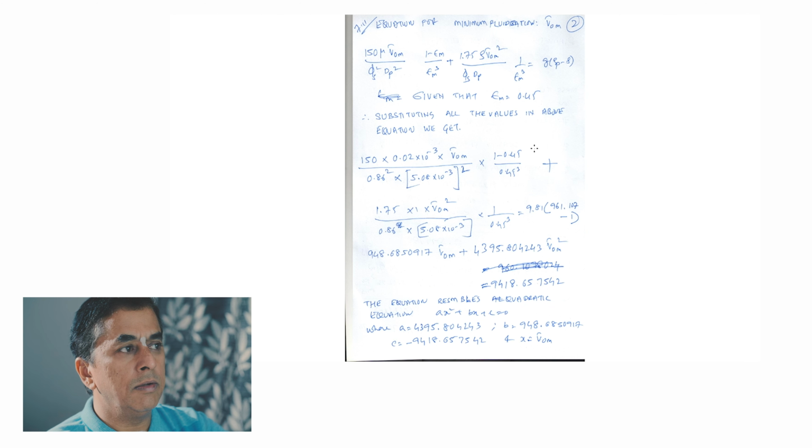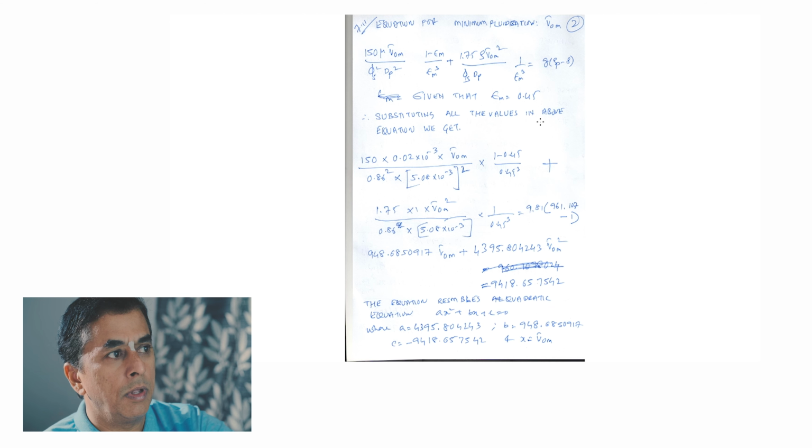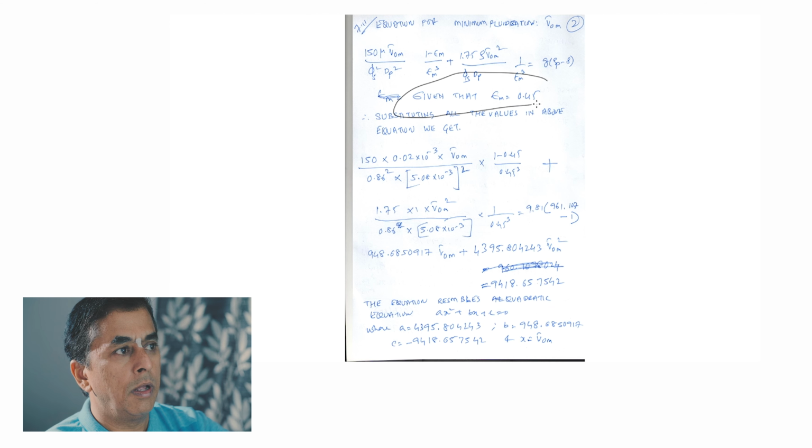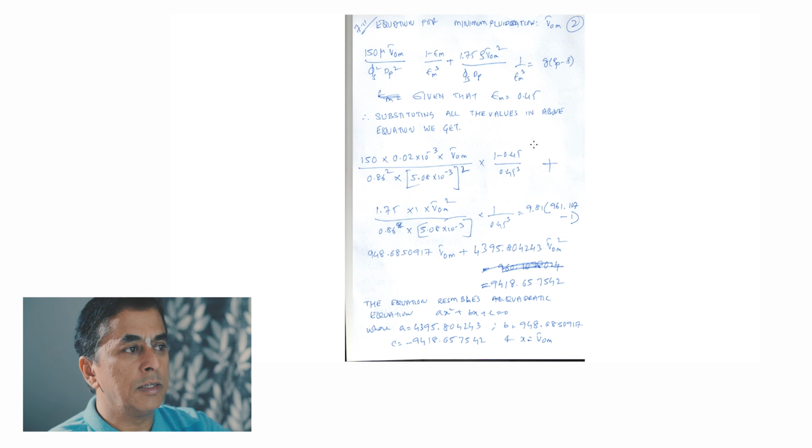Then the minimum fluidization velocity is given by this one. Minimum fluidization velocity is 0.45, and then I substitute here, and then in the denominator we have epsilon minimum raised to 3. So with this I get the first value of this quadratic equation.